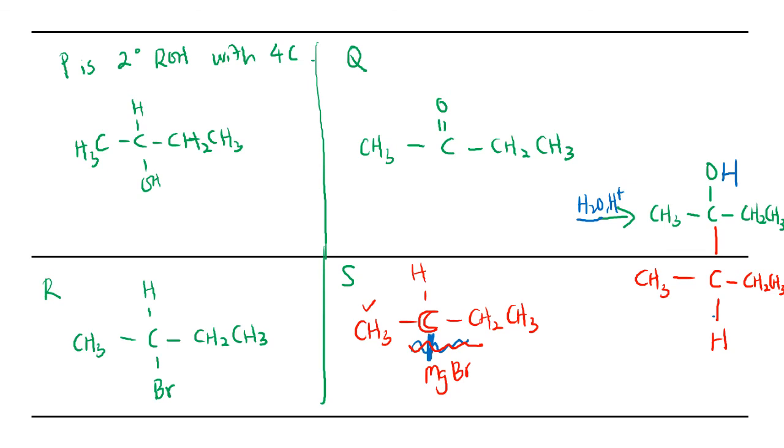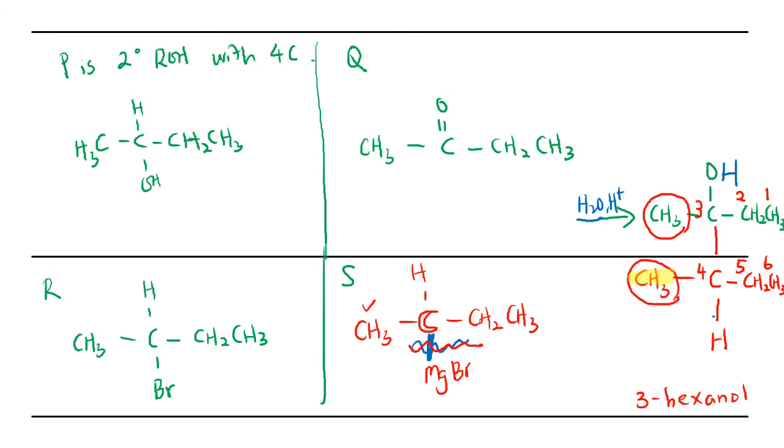Next, we notice that we have 6 carbons. This is carbon 1, carbon 2, carbon 3, carbon 4, carbon 5, and carbon 6. So we get 3-hexanol, and then this is a substituent, and this one is also a substituent.